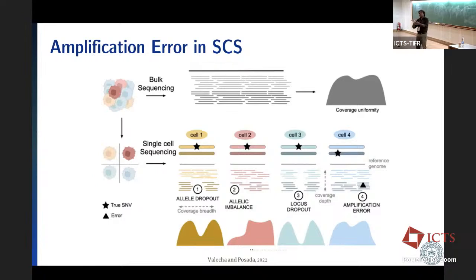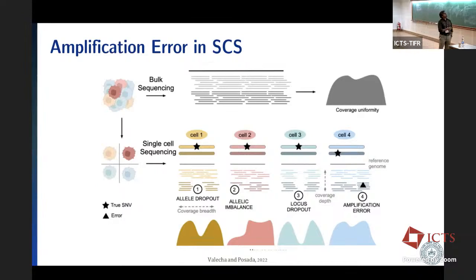You don't know whether the mutated allele will be amplified or the reference allele will be amplified. So if the mutated allele becomes dropped out, then you are losing the mutation. So ideally, yes, you should see a variant allele frequency similar to 50%, right?